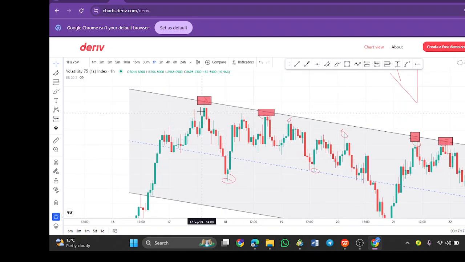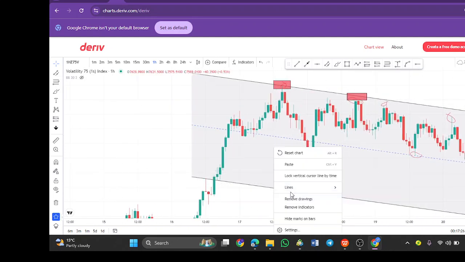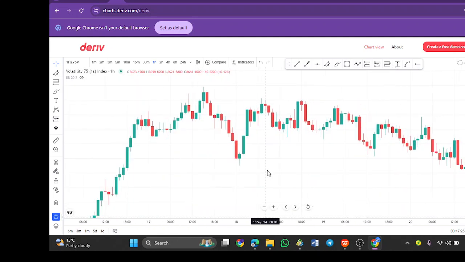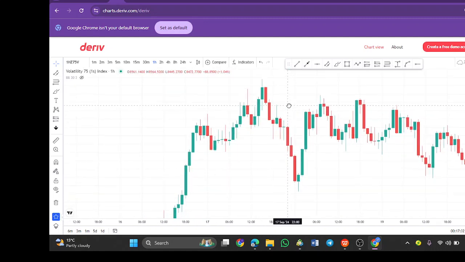If I sell from those zones, I want to put into consideration a sell zone. Remove everything. A sell zone is made of a green candle, and the sell zone is below.